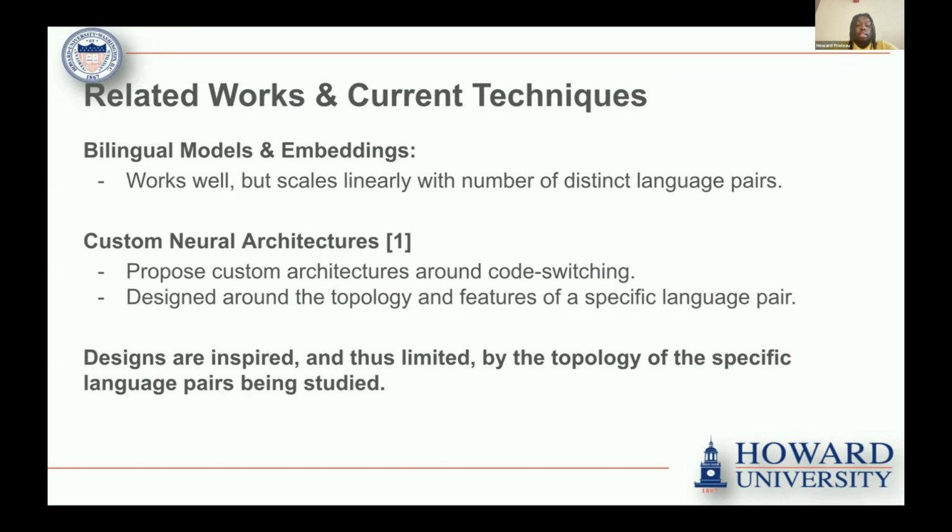Designs are inspired by, and thus limited by, the topology of the specific language pair being studied. Essentially, if we were to focus on an architecture that works on Spanish English, it will most likely not transfer as well to another pair such as Hindi English or something of the nature.